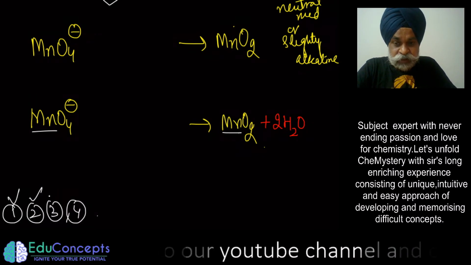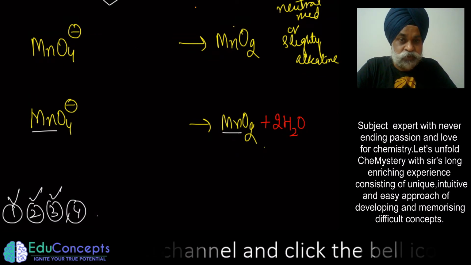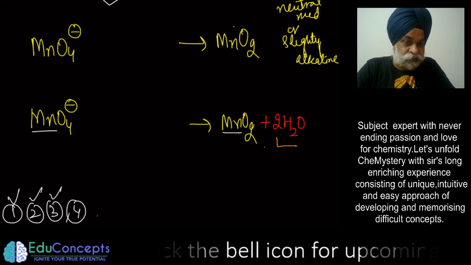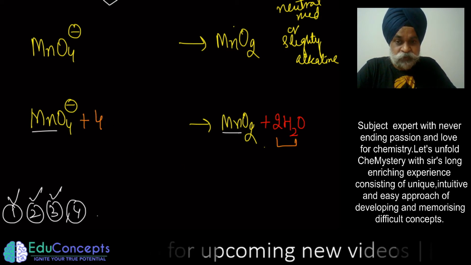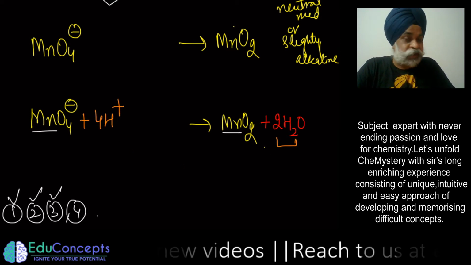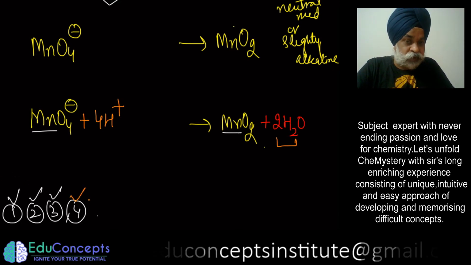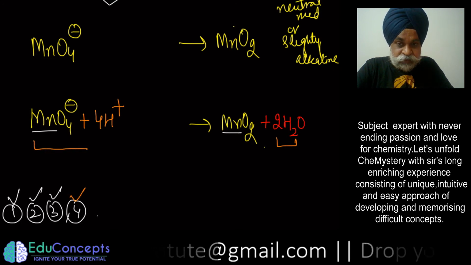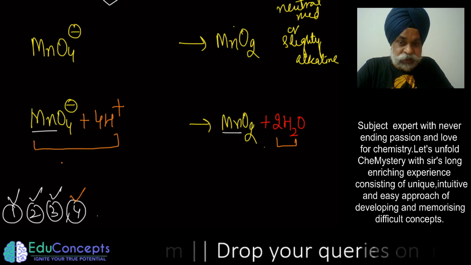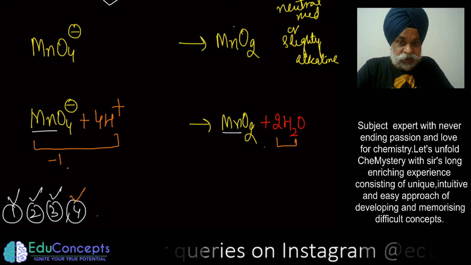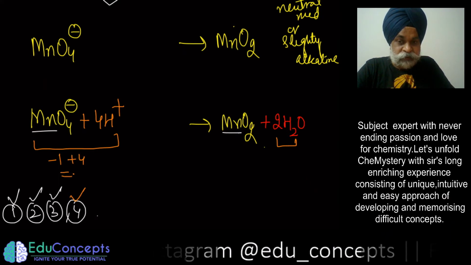Now you have to balance the hydrogen atoms. So how to do the balancing of hydrogen atoms? You have 4 hydrogen atoms, so I placed 4 H positive here. So everything got balanced. Now what about the charge? That is the fourth point. If you see here, the charge is minus plus 4, so it is plus 3.